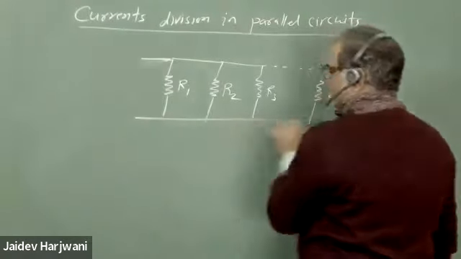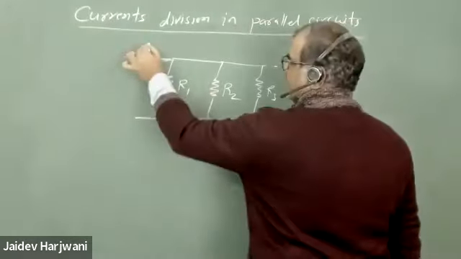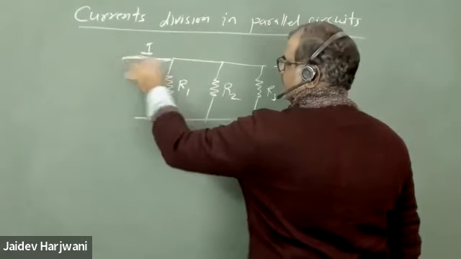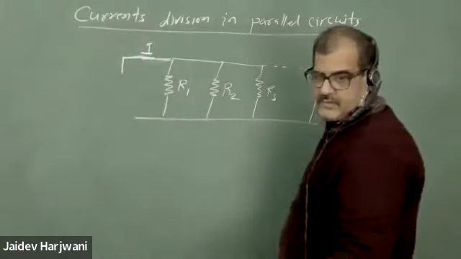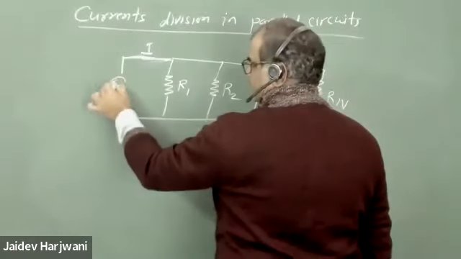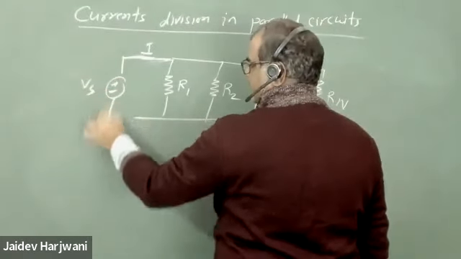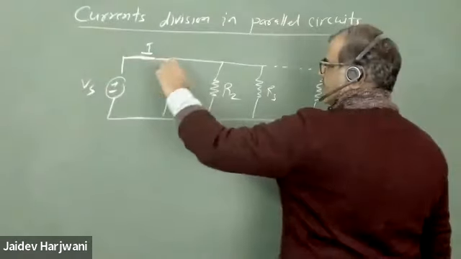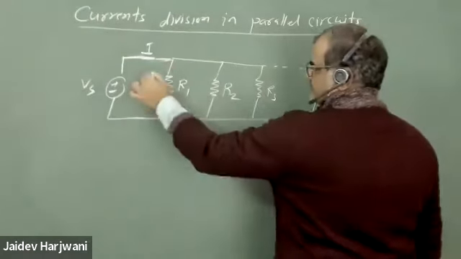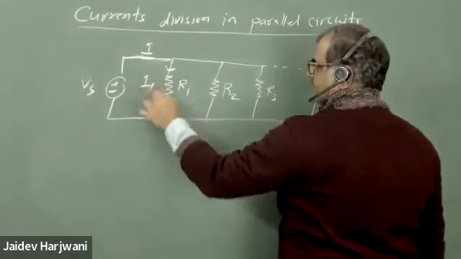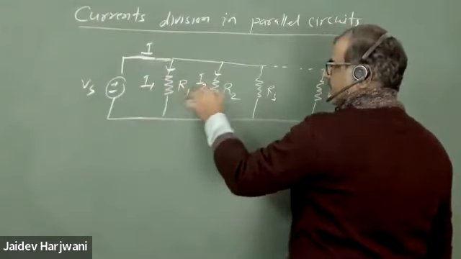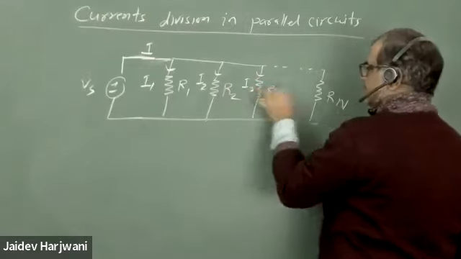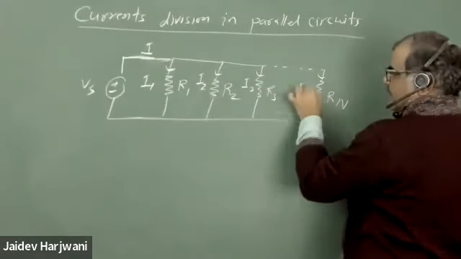The total current in the circuit is I. Say I am putting a voltage source here which is giving me I current. These are all in parallel, so I'm assuming the current divides here I1, the current here is I2, the current here is I3, and the current here is IN.